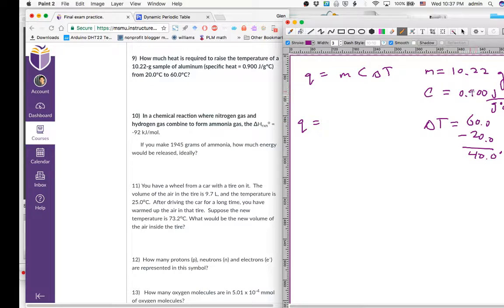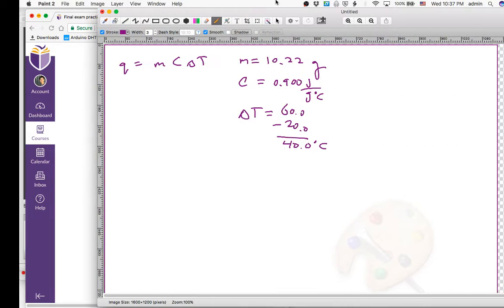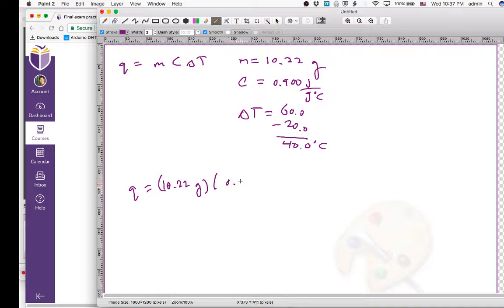So Q equals this 10.22 grams. Perhaps I should do this in a place with some more space. So Q equals 10.22 grams times the C, 0.900 joules per gram per degree Celsius, times the delta T, which is 40.0 degrees Celsius. The degrees Celsius cancel. The grams also cancel. Joules are left. That's good.